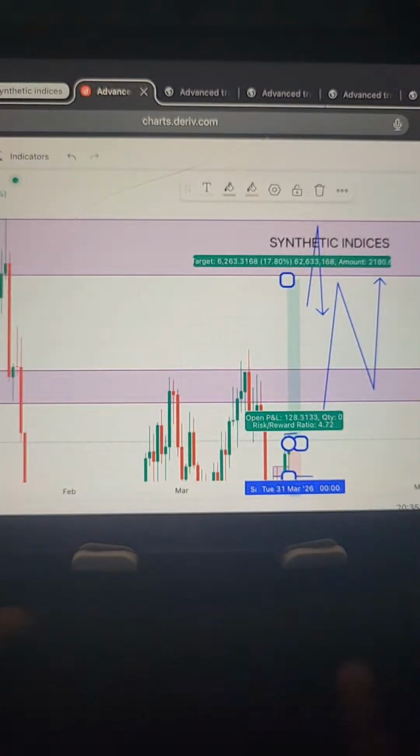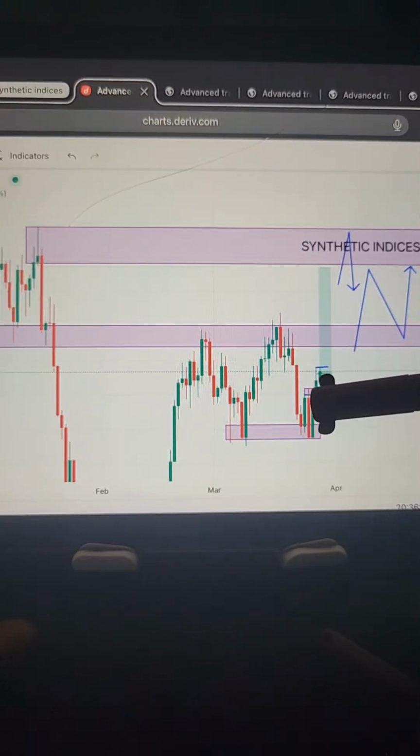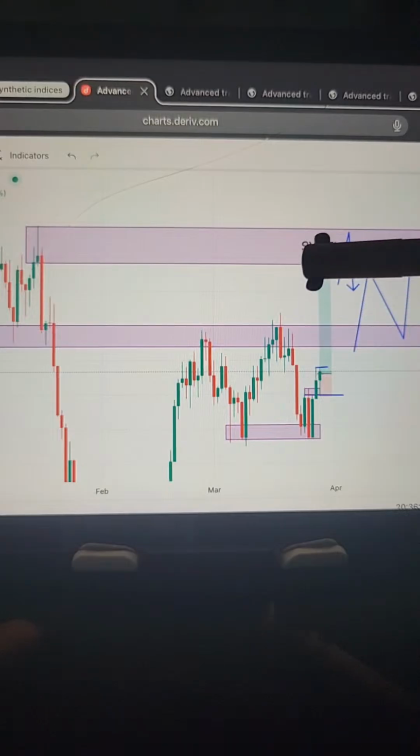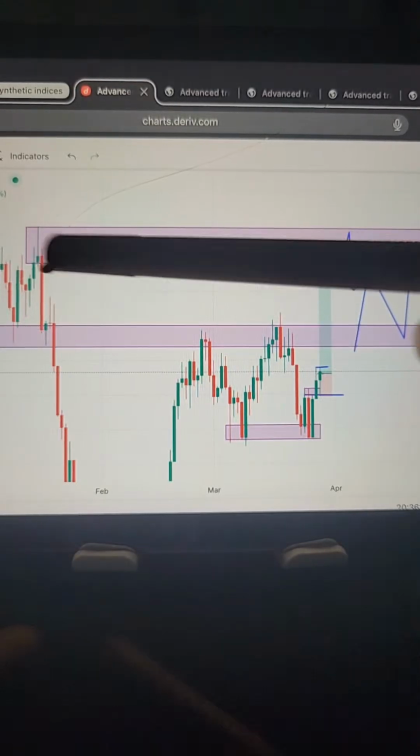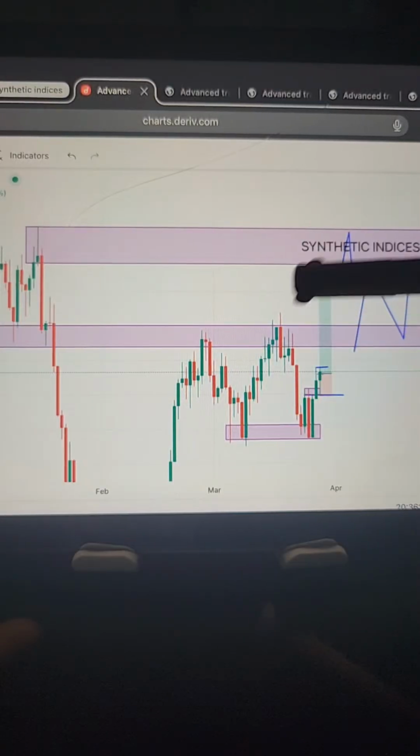So based on the top down analysis, I know that price is going to push forward a bit, push upward to this zone. Then I'll be looking out to exit my trade from around this zone.